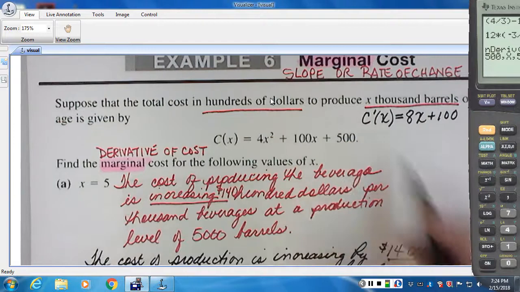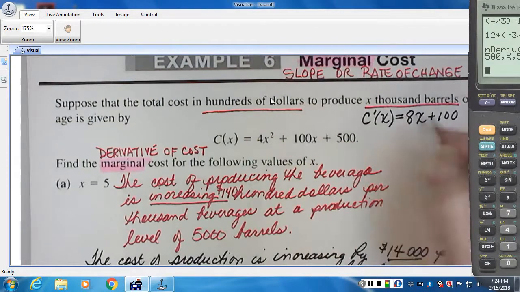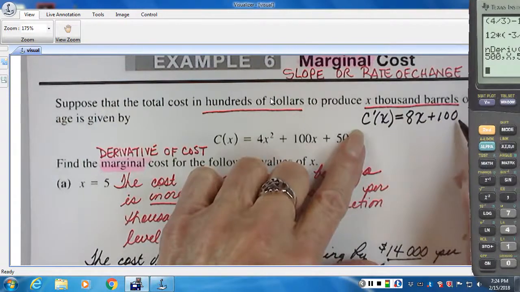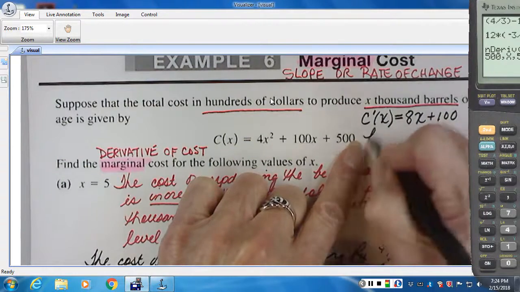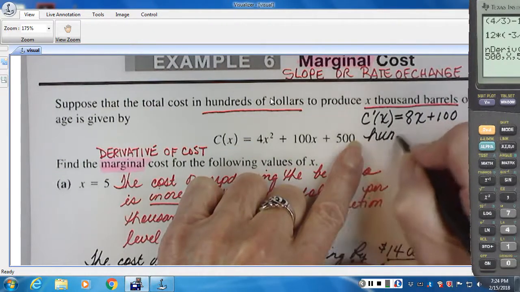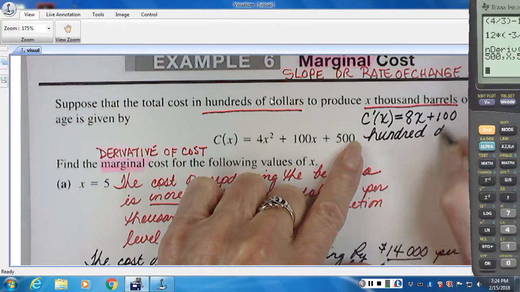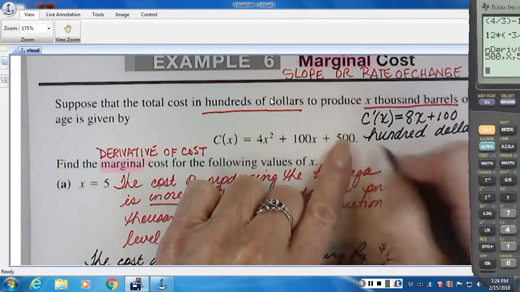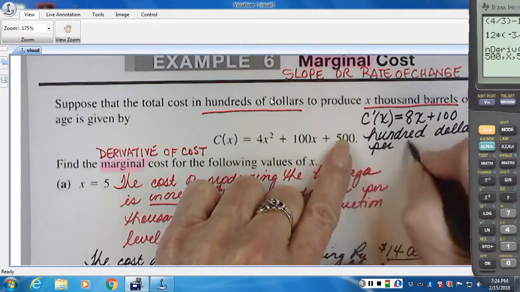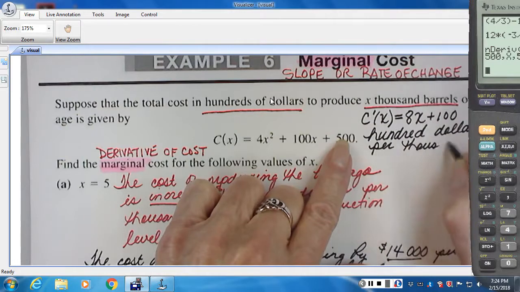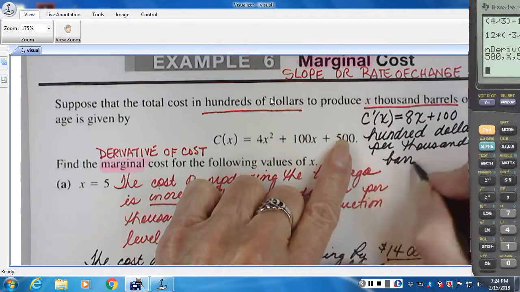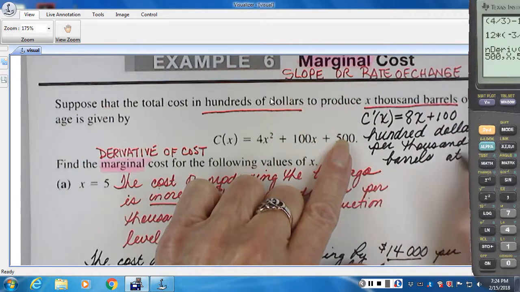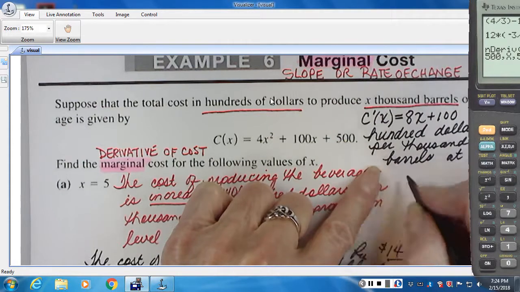So here's our entire derivative. C prime of X is 8X plus 100, $100 per 1,000 barrels at a production level of X thousand.